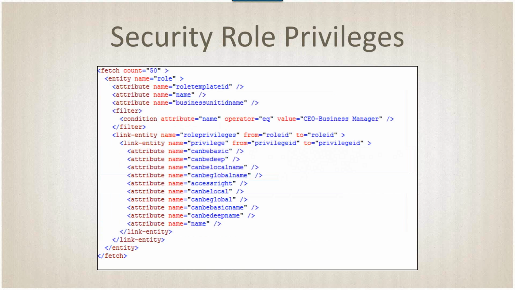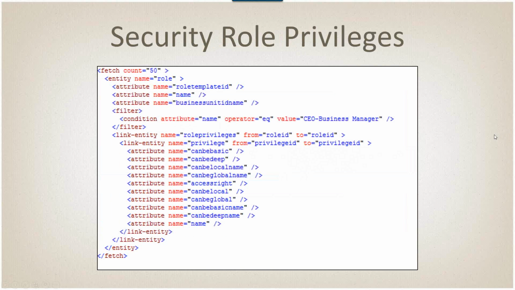You start with the security role, which internally is called the role. You link that to a role privilege entity, which links to the privilege itself. And then what you get back is a list of privileges and the different types of things that each can be used for.